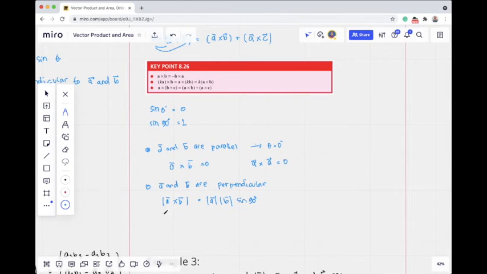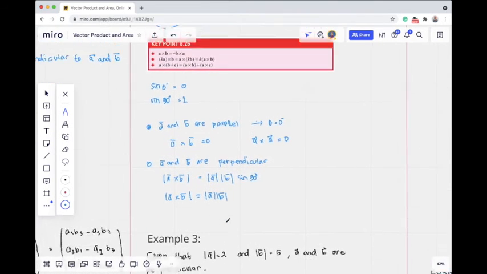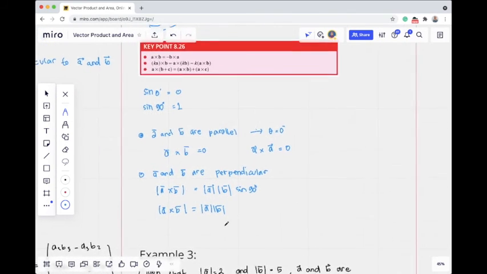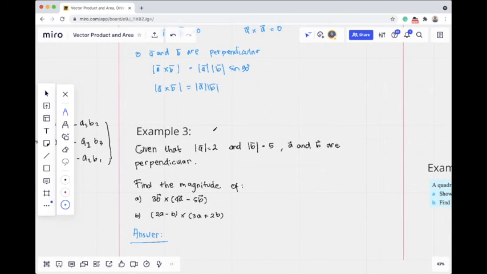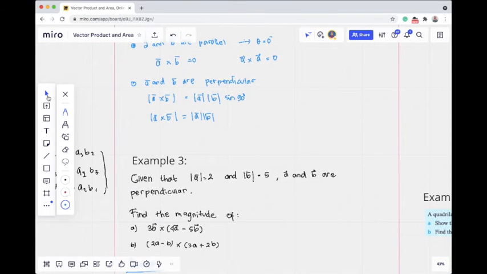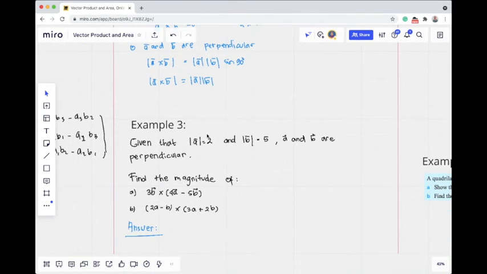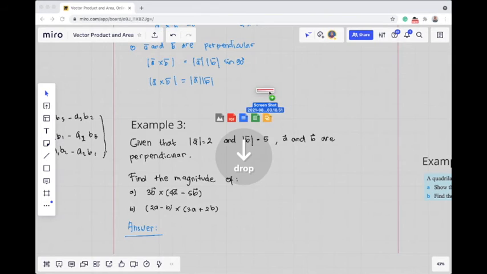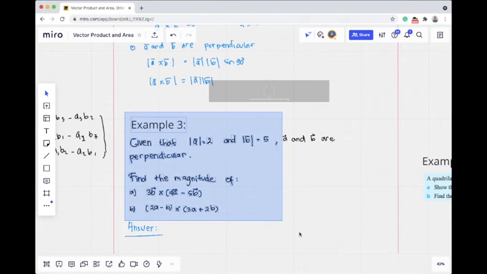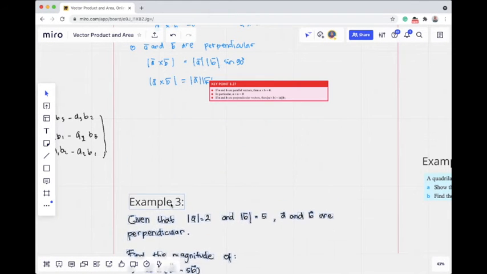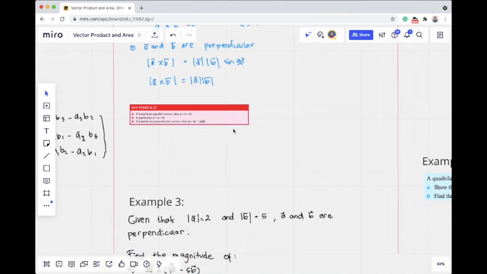So if A and B are two perpendicular vectors, then the magnitude is the magnitude of A times the magnitude of B. Okay, so those are some rules that you should know. You can find this formula also in other books.